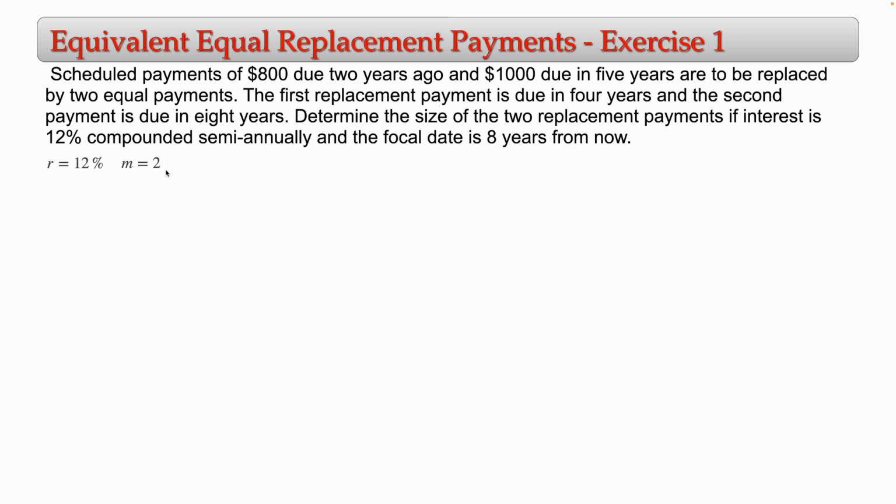Also, for solving a problem like this, you will always need to solve an equation. And the equation that solves this problem is this equation. But how do I get this equation? How do I know that this x is multiplying this factor? How do I know that this 800 is multiplying this factor?